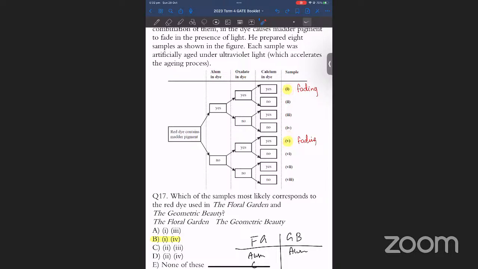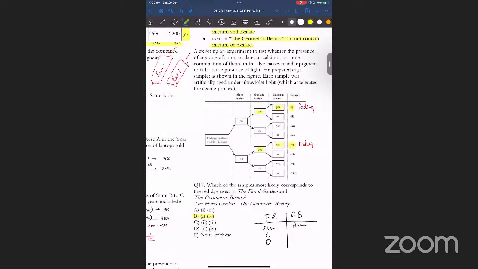So again, oxalate alone does not cause fading. What's interesting about I and V is that they had both oxalate and calcium. They're the only ones that had both oxalate and calcium, and they're the ones that faded. The answer has to be calcium and oxalate. You need to have calcium and oxalate for it to fade.